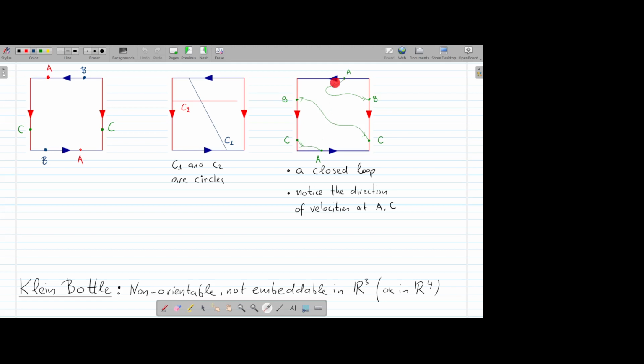So we go on, move around the curve, and then we reach the point B. The point B is identified with the point here. So the particle is leaving the rectangle here, and it is re-entering from there, and then it reaches again the center of the rectangle, closing the curve.